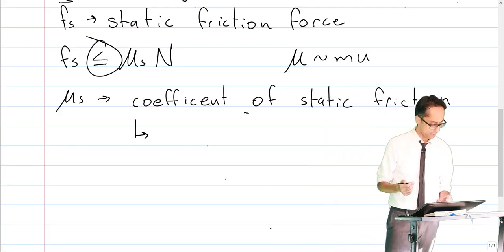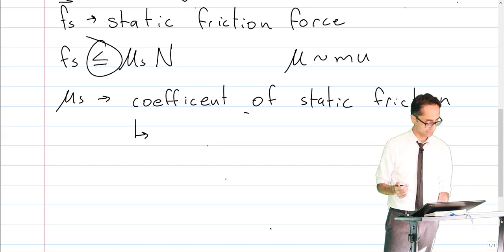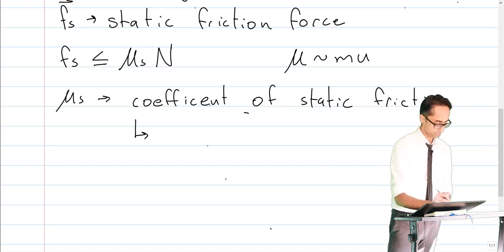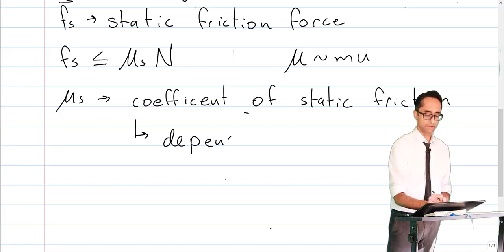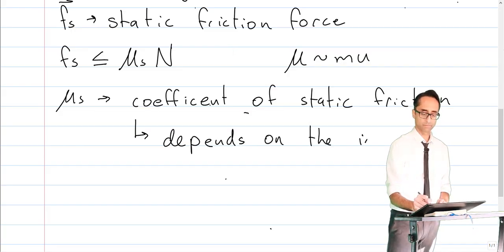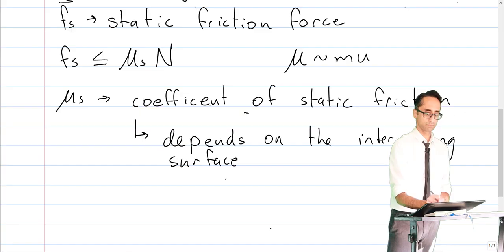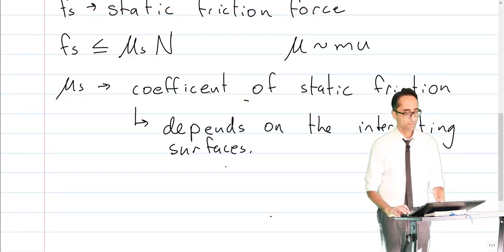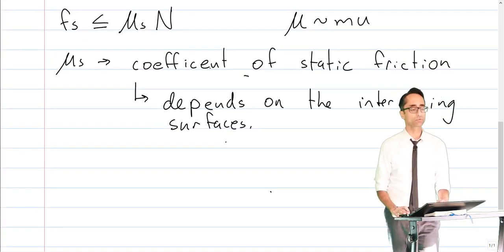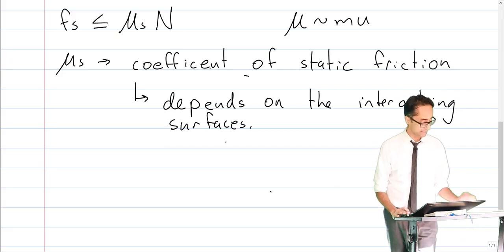And so let's write a few of these things down. Let's say this value here, mu, depends on the interacting surfaces. All right, and then please note that the less than or equal to sign means that we can get as high as that value.